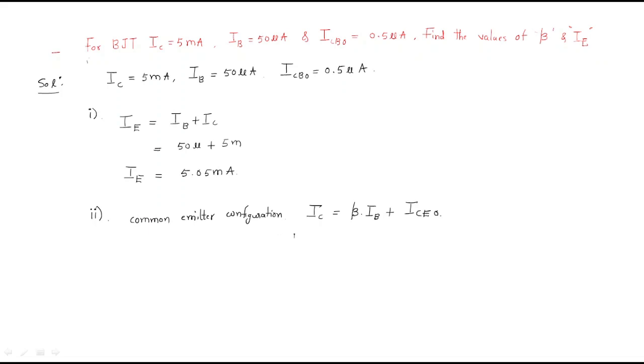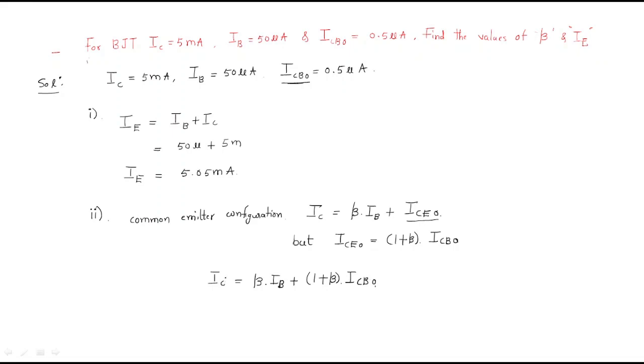But we have a relation, since in the given problem he mentioned ICBO. There is a relation between the common emitter leakage current and the common base leakage current: the common emitter leakage current equals 1 plus beta times the common base leakage current. Just substitute in the above equation. From that we get IC equals beta into IB plus 1 plus beta into the common base leakage current.